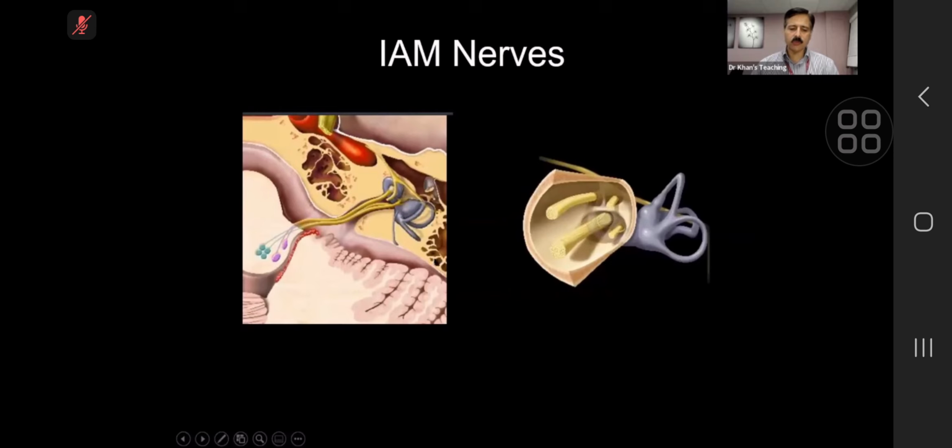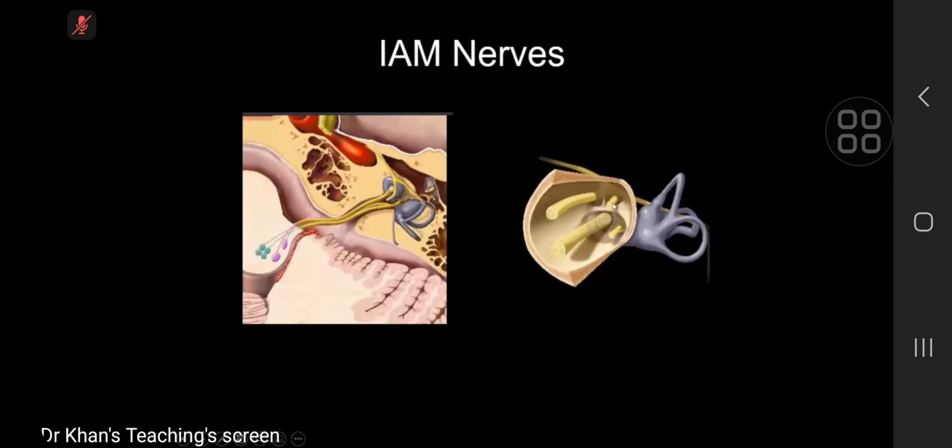Let me orient you. This is the cerebellum, so the cochlea is anterior and the vestibule is posterior. So the posterior nerves, these two, which ones have to be? These two should be the superior and inferior vestibular nerves. And the anterior nerves have to be the cochlear nerve and the 7th nerve.